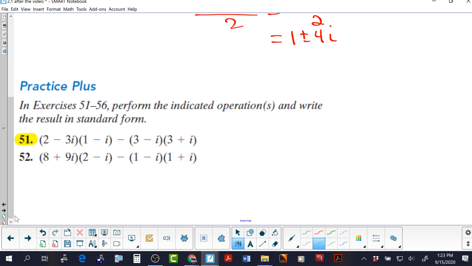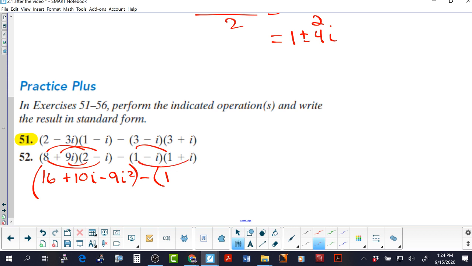Perform the indicated operations and write the result in standard form. You're supposed to do number 51. Let's do 52. So 16 minus 8i plus 18i is plus 10i. And then minus 9i squared. And we're supposed to minus this.